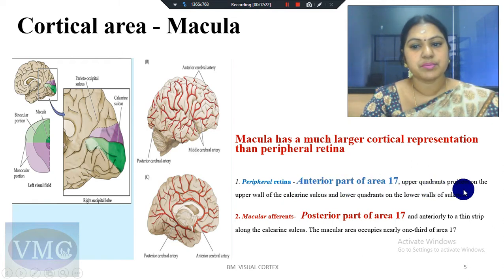Upper quadrants project on the upper wall of the calcarine sulcus and lower quadrants on the lower wall of the calcarine sulcus. So you can see the calcarine sulcus here. Macular afferents get projected on the posterior part of area 17 and anteriorly to a thin strip along the calcarine sulcus. The macular area occupies nearly one third of area 17.